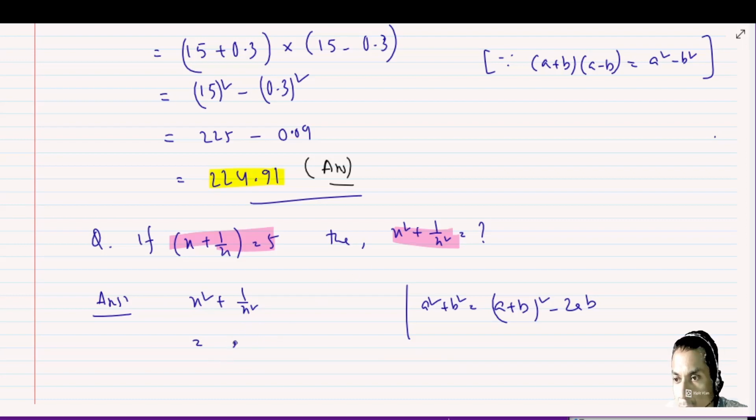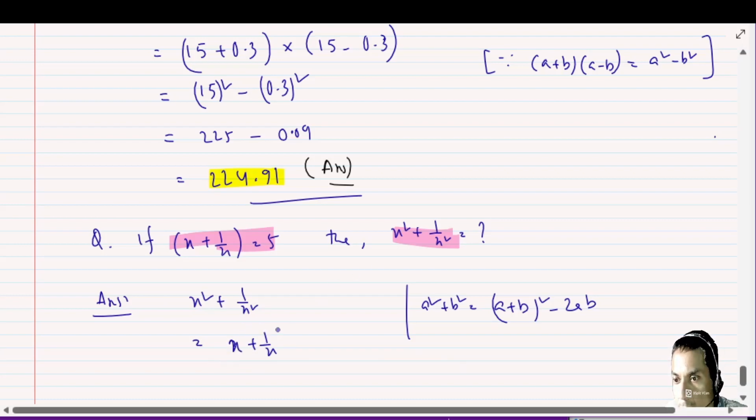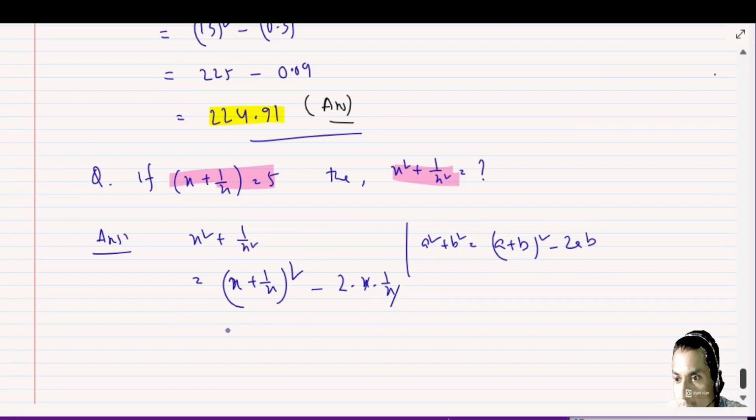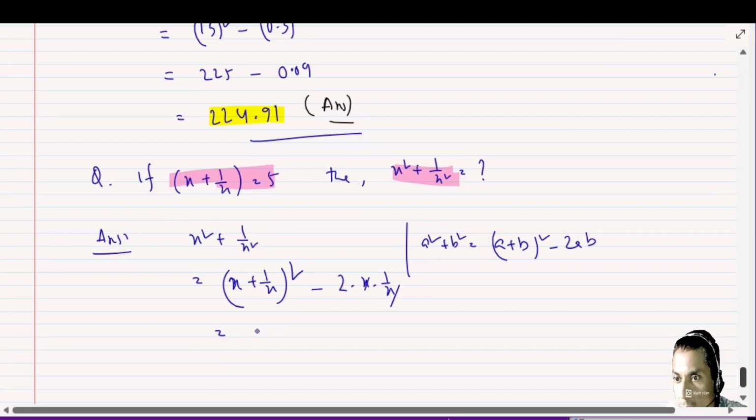So from here we get (x plus 1 by x) whole square minus 2 into x into 1 by x. Clear? So it cancels out. So x plus 1 by x is 5, so 5 square minus 2, so 25 minus 2, so 23 is the right answer.